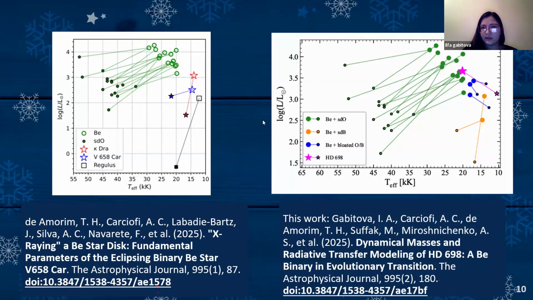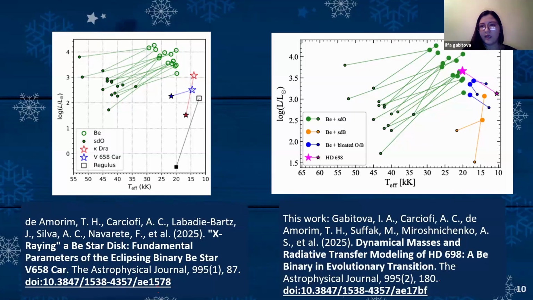This is the same plot as on the left. The green is still B plus sdO, and the two B+sdBs are shown in orange. The blue circles are the systems that were previously already known as B plus bloated companions that I showed on the previous slide in the table.